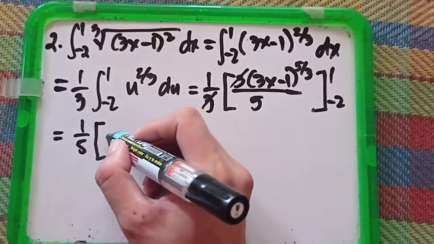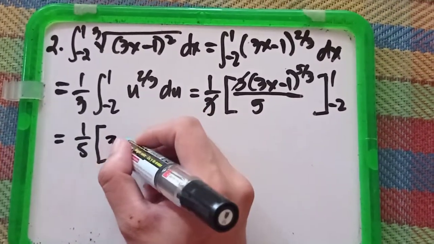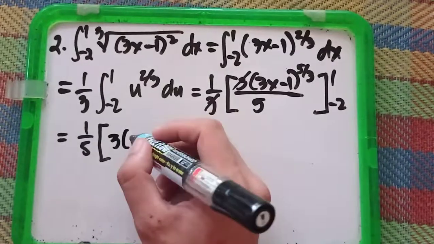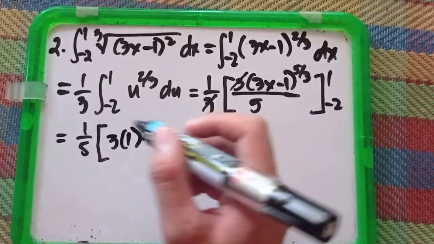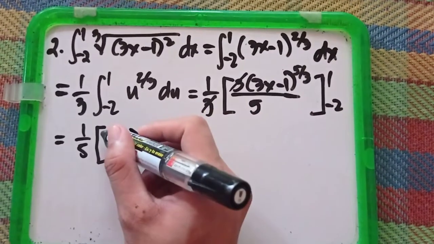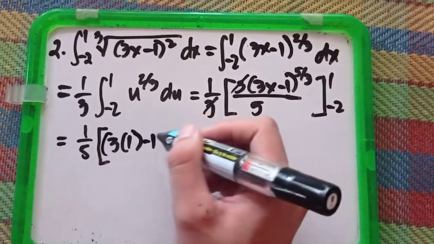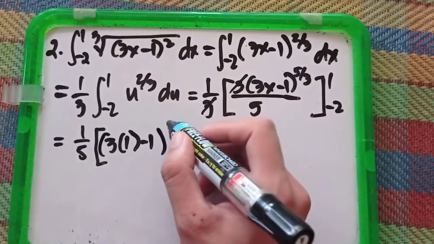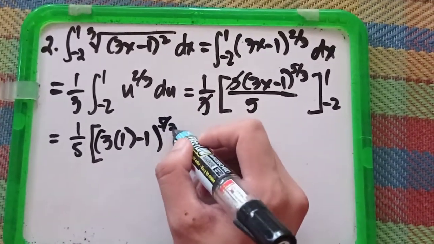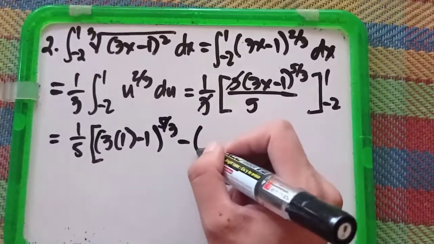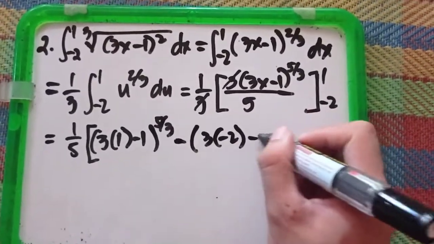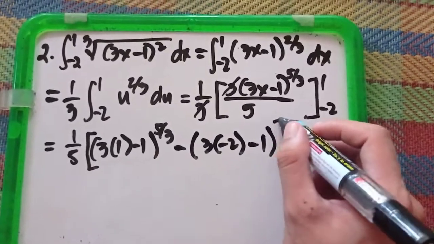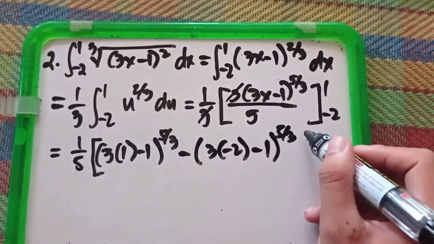So this will be 3 times 1 minus 1, 5 over 3, minus 3 times negative 2 minus 1, 5 over 3.